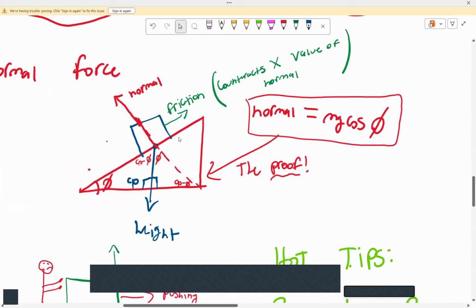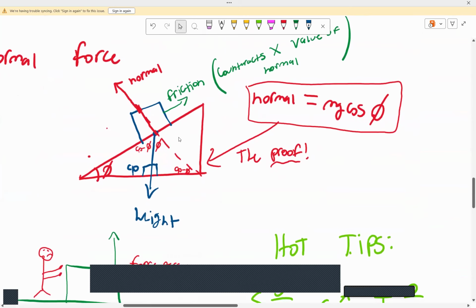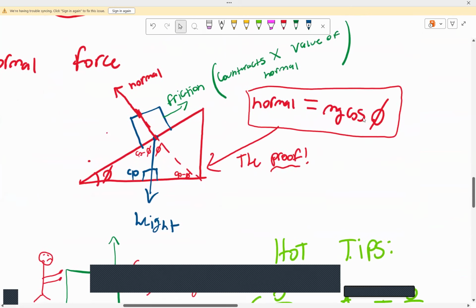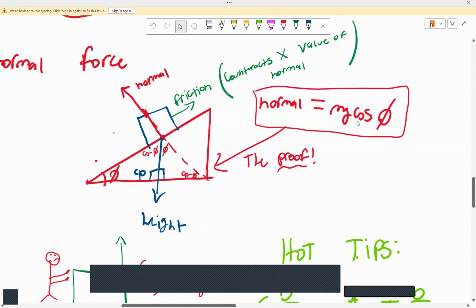The friction is what's going to counteract the x value of the normal force, and weight will be the y value. That makes sense since you have cosine theta, and cosine is typically assigned to the x-axis. That's just something to keep in mind for remembering it. So the normal force is equal to mg cosine theta.